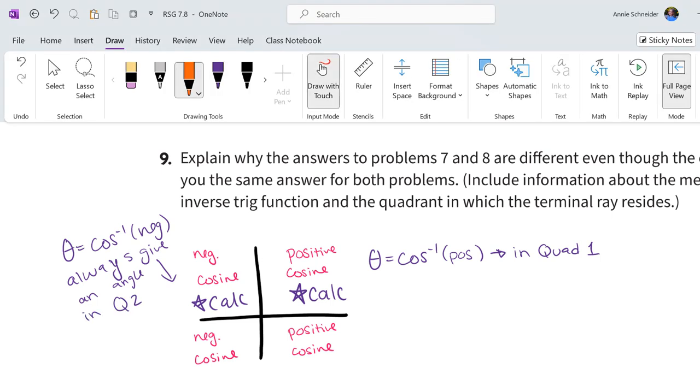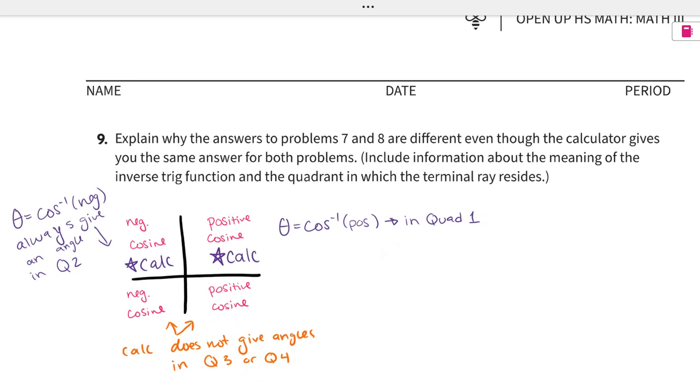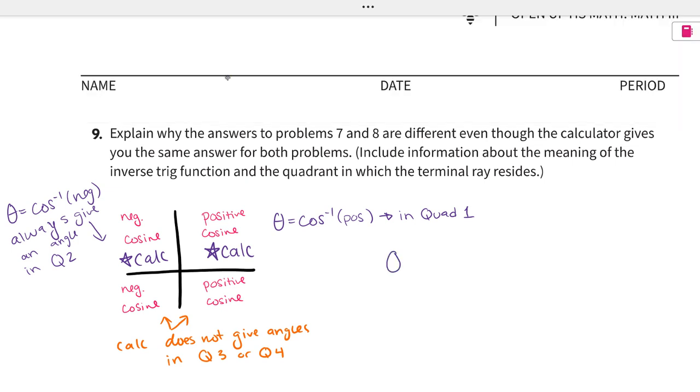So our calculator does not give angles in quadrants 3 or 4. So if I put those together, we said if we have a positive value, it's going to be quadrant 1, and if we have a negative value, it's going to be quad 2.